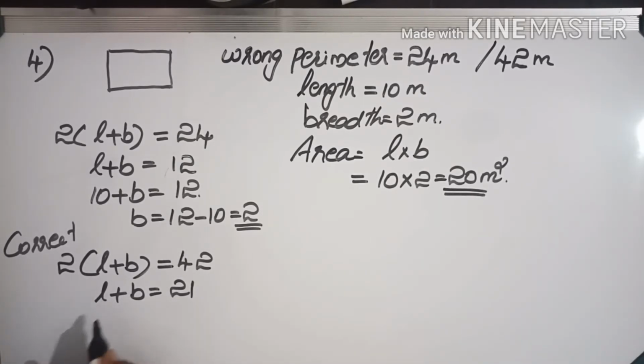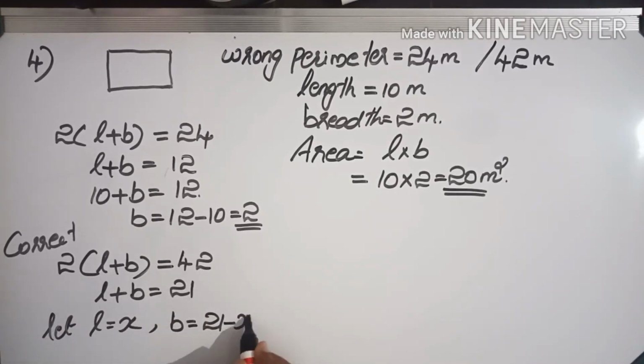So here let's consider length as what? X. Okay, let length equal to X. Then breadth will be what? Breadth equal to 21, X comes to this side, it will be minus X. Okay, so length equal to X and breadth equal to 21 minus X. This is for the correct rectangle with a perimeter 42.